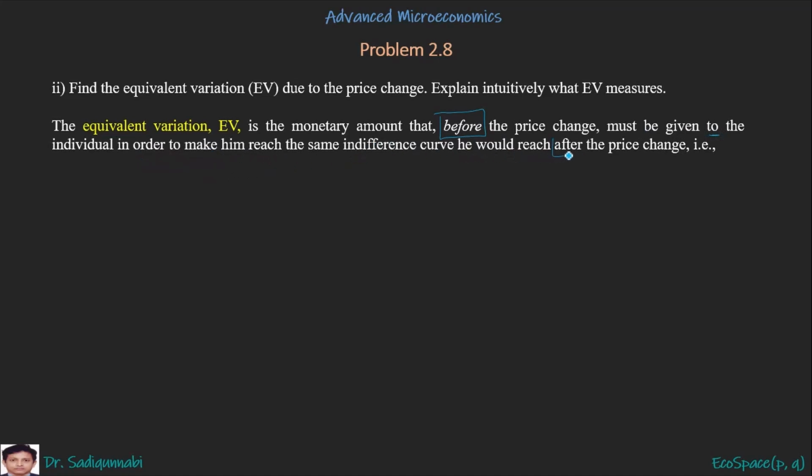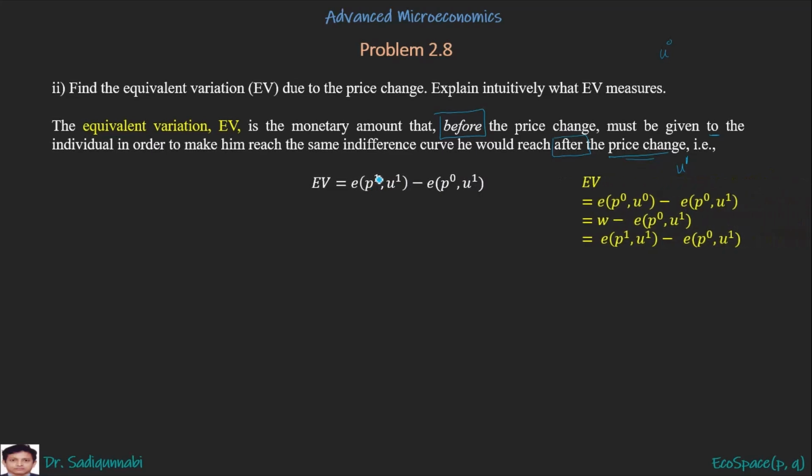That means the consumer will remain on U1. Before, the consumer would have remained on U0. So the difference between the expenditure functions defining EV is E(P1, U1) minus E(P0, U1). That means U1 remains the same for EV, and for CV U0 remains the same.